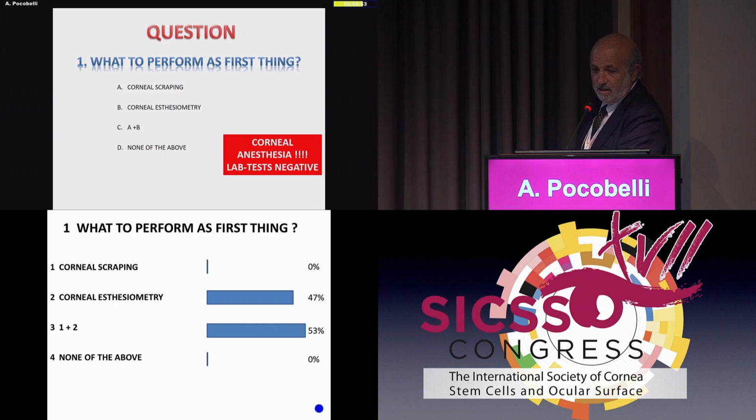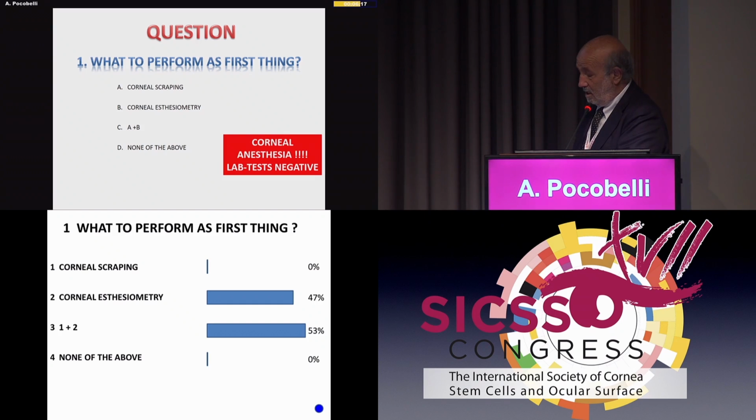Okay, let's have the votes. I think we all agree: to be sure, measure the sensation if we have a Boucher-Bonnet, but here there isn't. So touching the cornea of the patient, and we should remember that we should touch from the periphery to the center with a very simple maneuver with a cotton tip.